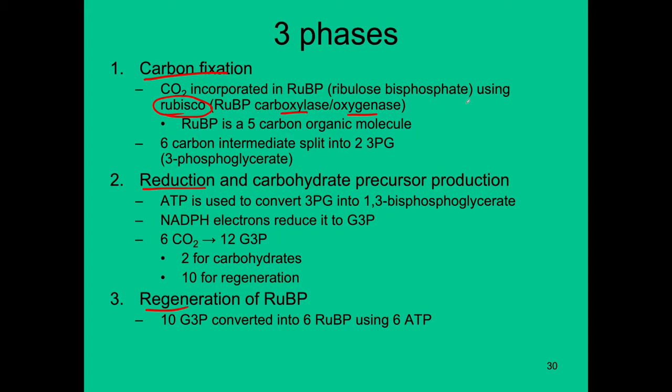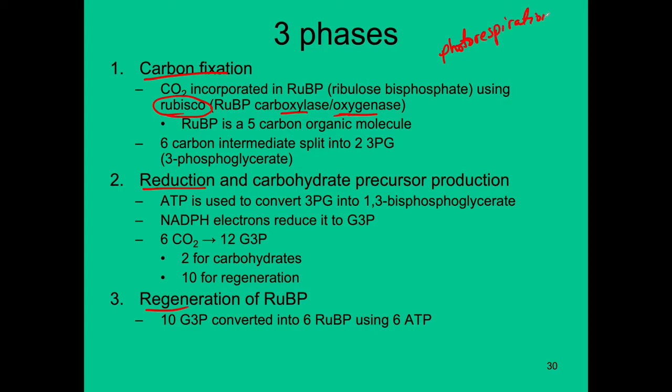What this means is rubisco has a very high affinity for CO2, so for carboxyl groups, but it also has a high affinity for oxygen. Now, we're not too worried about this oxygen process right now, but that will come into play later in a process known as photorespiration.